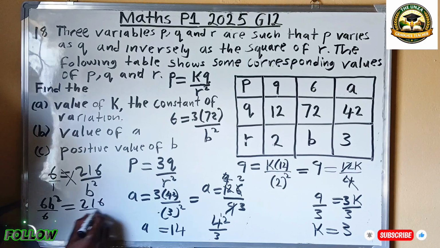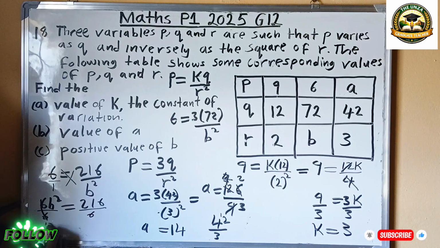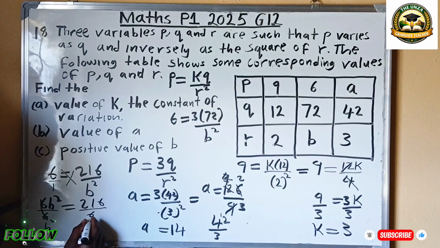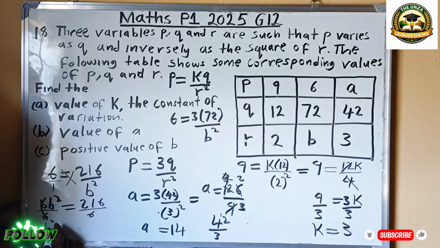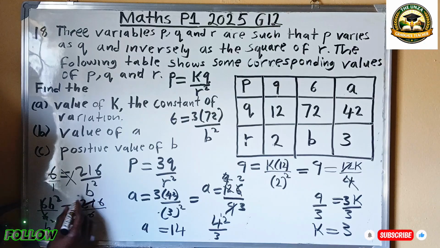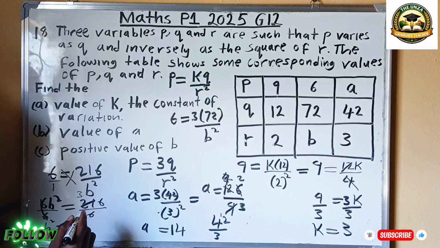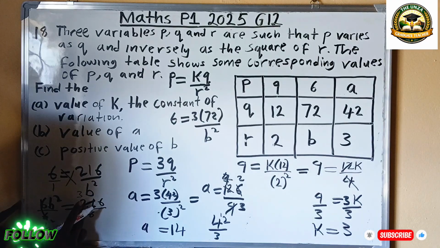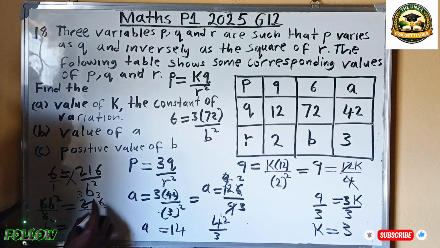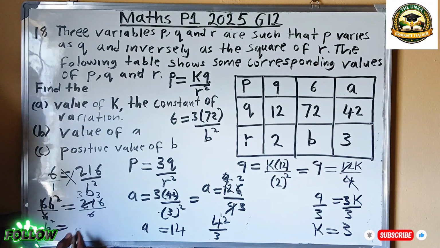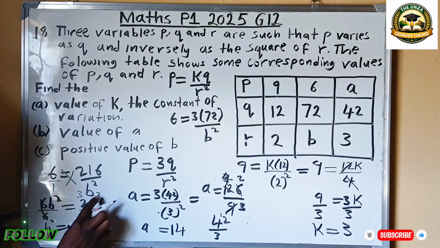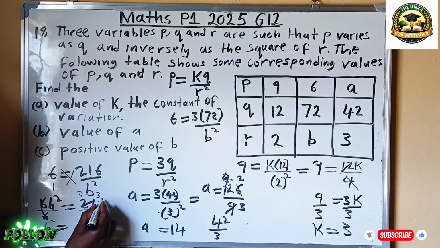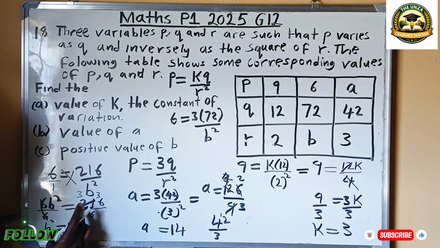Divide both sides by 6 so that B squared is alone. 6 into 216 gives you 36.